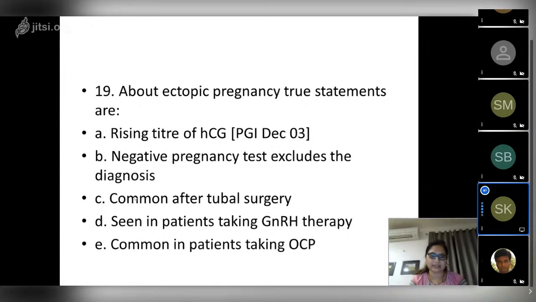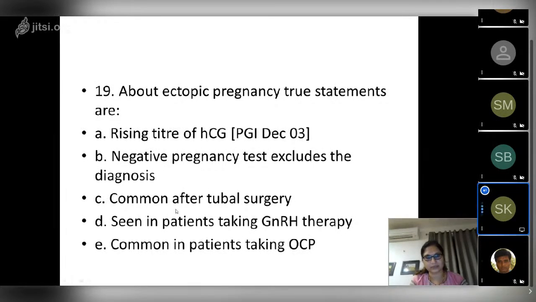Whenever she conceives or misses a period, she has to immediately report, and we need to confirm the site of the pregnancy, especially in case of post-recanalization procedures. Any tubal surgery will definitely increase the chances of ectopic pregnancy because of the scars, and the pregnancy coming in gets stuck at that level.